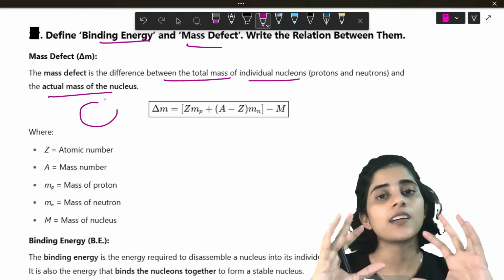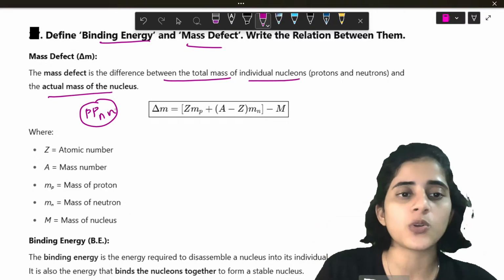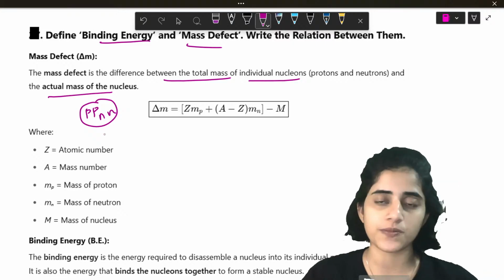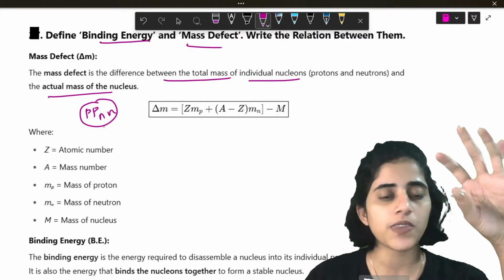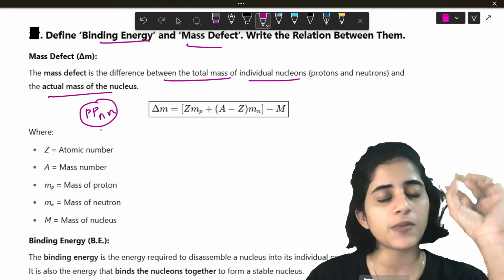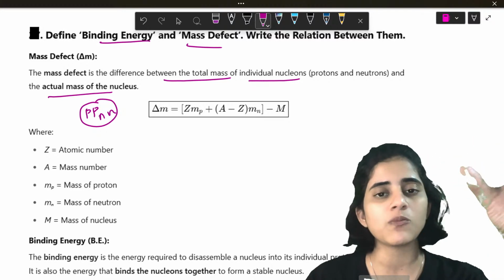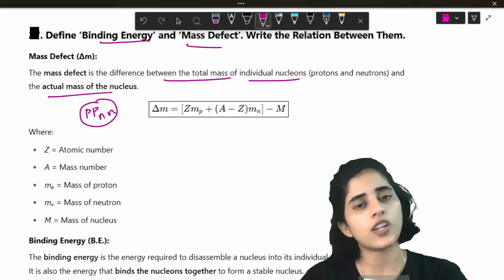Let's say you have two protons and two neutrons. The total mass of the nucleus should be the mass of the two protons plus the mass of the two neutrons, but it is not always correct. Sometimes, if you add the mass of protons plus neutrons, you will not get the actual mass. So, there is something called a mass defect.